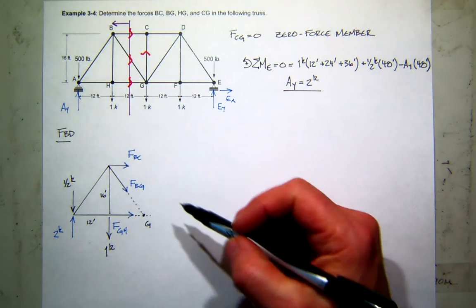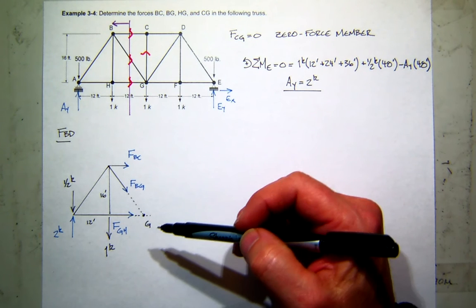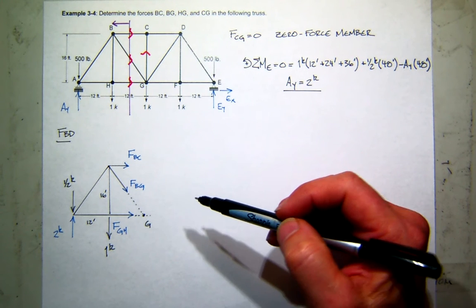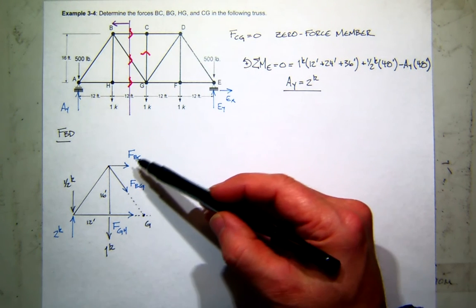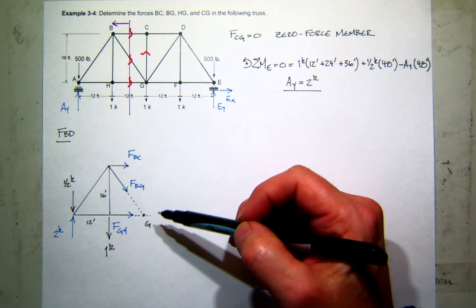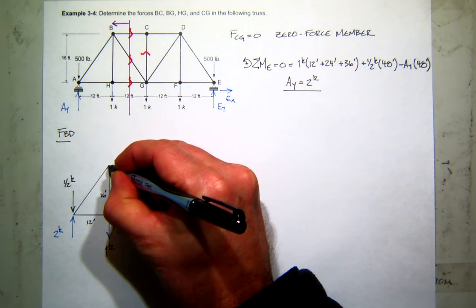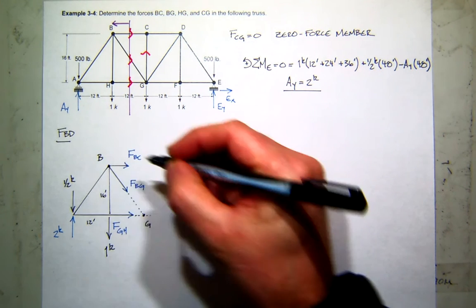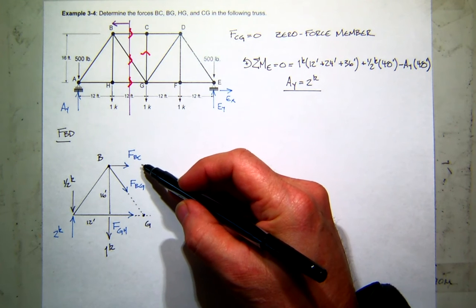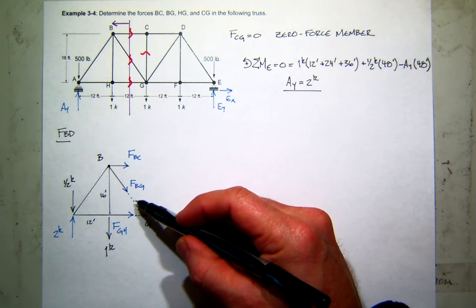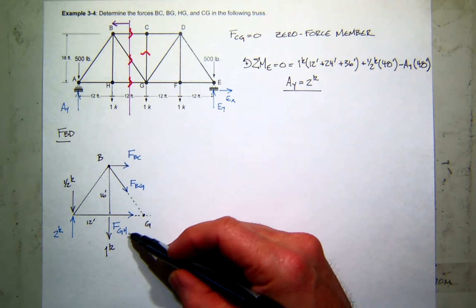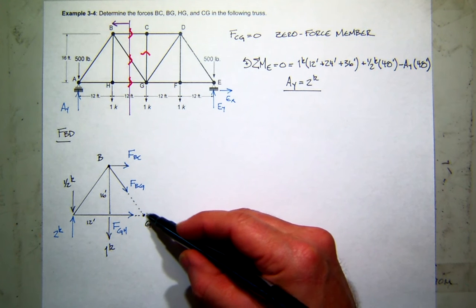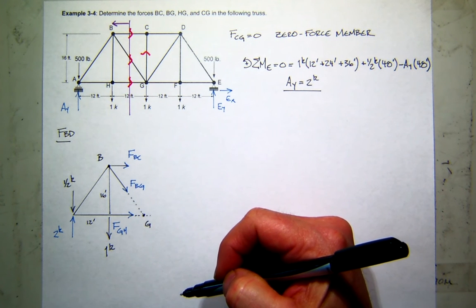So just like our example problem, we can start applying moments if we can. So if you look at this one, BC, BG, where do they go through? They go through B. So that's a good place to sum moments, right? These two, BG, GH, go through G, so we'll do that.